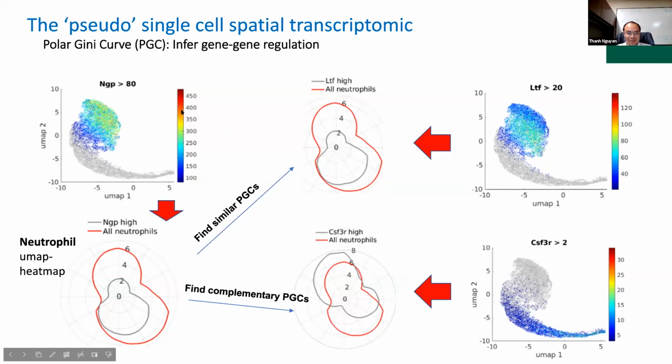So we can plot those polar gene curves. We see this curve and this curve are quite similar and overlapping, so we have positive correlation. This curve and this curve are very different, so they are somewhat negatively correlated.